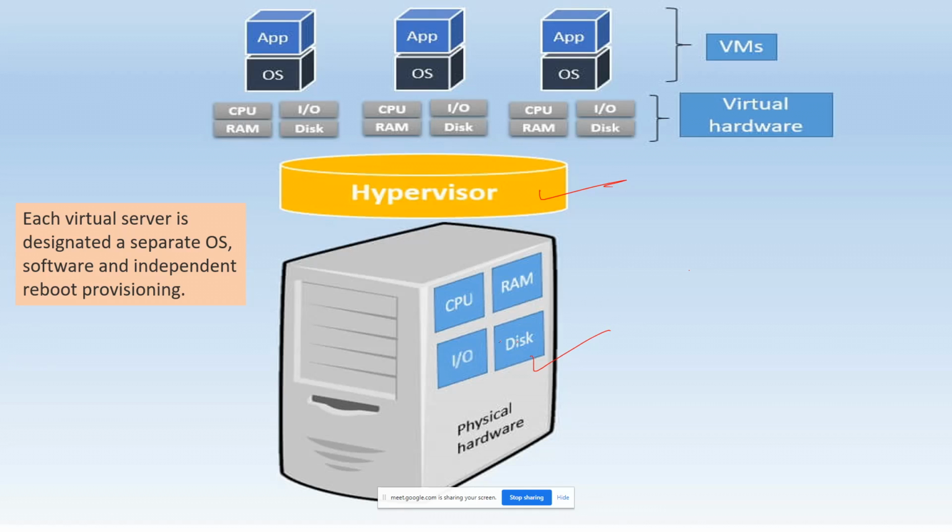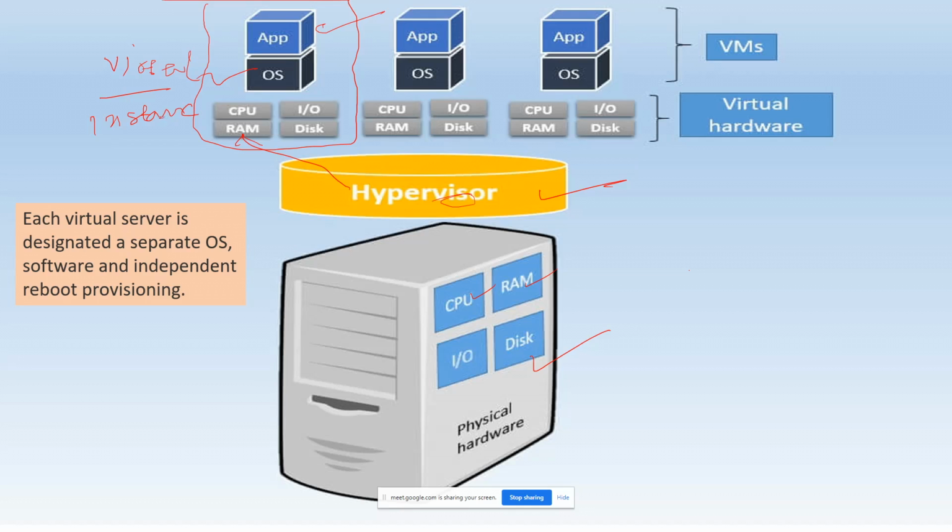It has all the CPU, disk, and RAM, and this software is assigning the computing power to this machine, which has its own operating system, and they can run their own applications on top of this. This complete box is acting as a new server, and that's what we call a virtual server or instance.